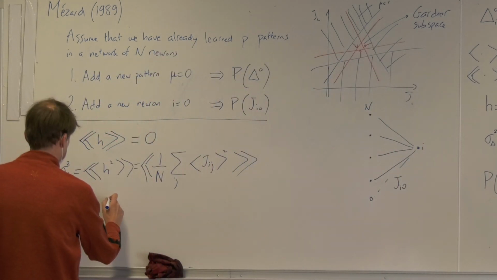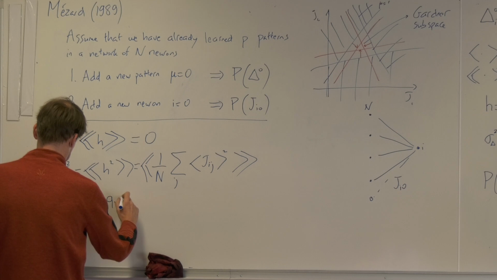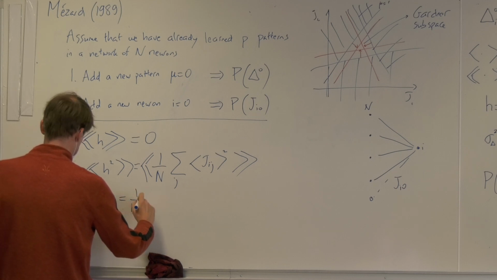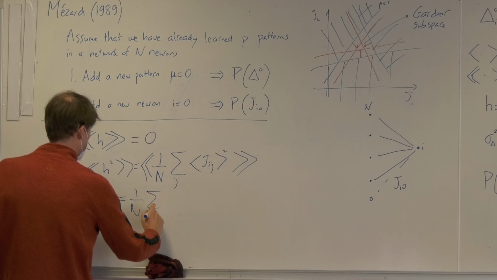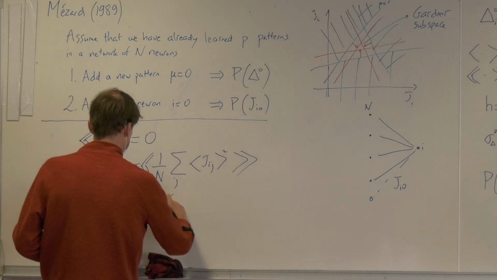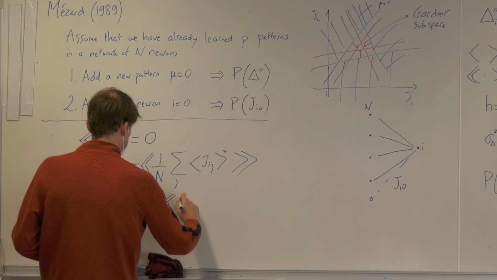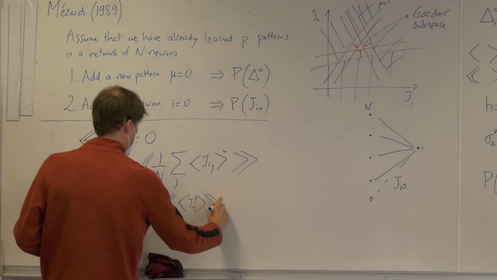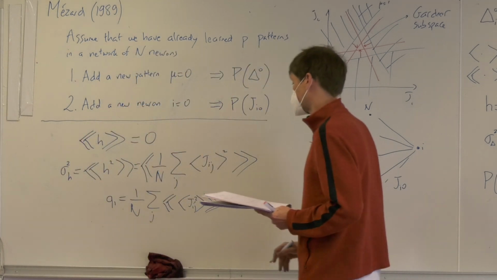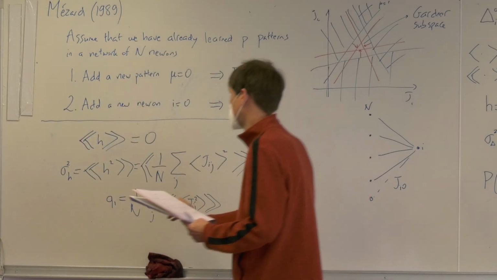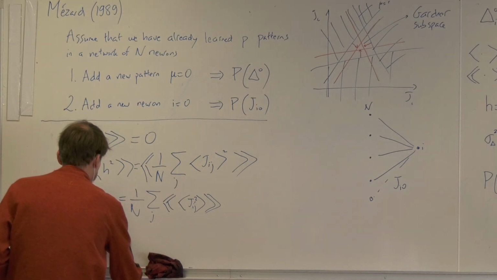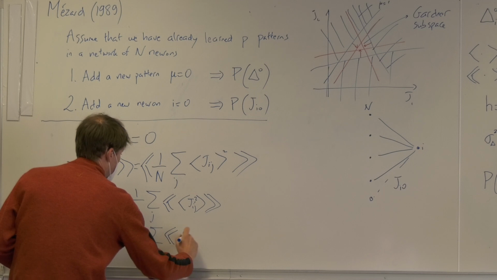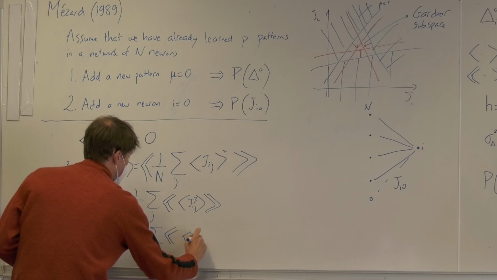One is, I will call Q1, which is basically 1 over n sum over j of J_ij, and then you have Q0, which is 1 over n sum over j of J_ij squared.